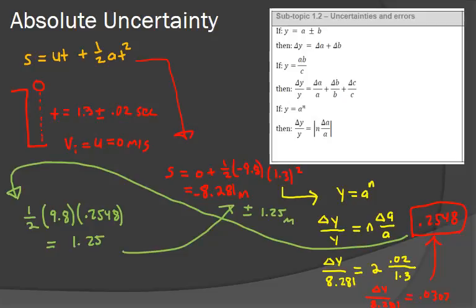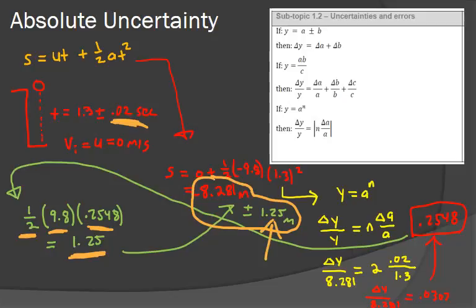And remember what we have to do then is multiply our uncertainty by the constants. And once you do that, then you really have your uncertainty. So in this case here, this is our final uncertainty, which is negative 8.281 meters, plus or minus 1.25 meters. Could be 1.25 meters higher or lower based on our uncertainty, right? Because the time is only that precise, and so we can only say we're within 1.25 meters.